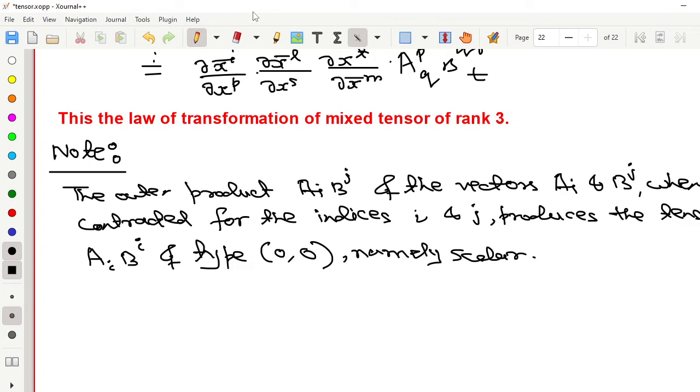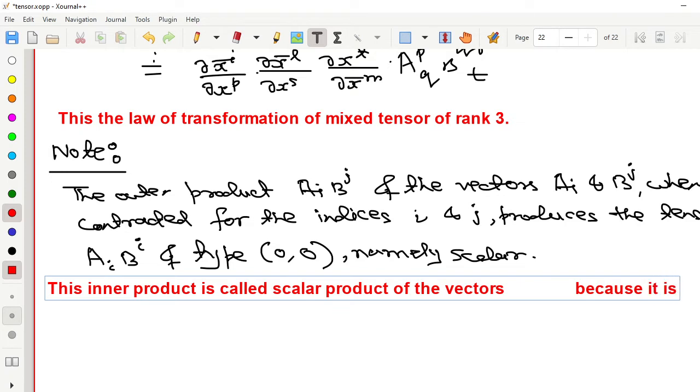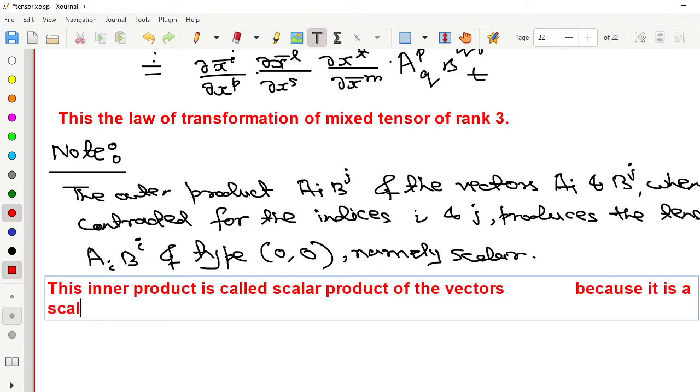The inner product is sometimes called the scalar product. Write it: this inner product is called the scalar product of the vectors AI and BJ, because it is a scalar, a tensor of rank 0.